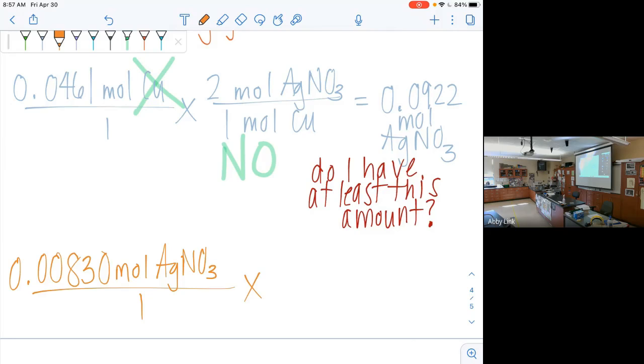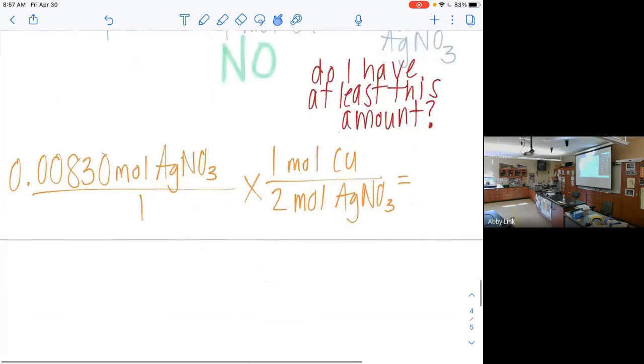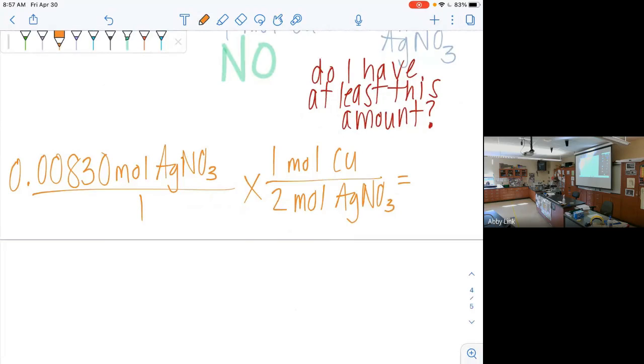It's going to be 1 mole of copper on the top, 2 moles of AgNO3 on the bottom. That comes out to be 0.00415 moles copper, right?